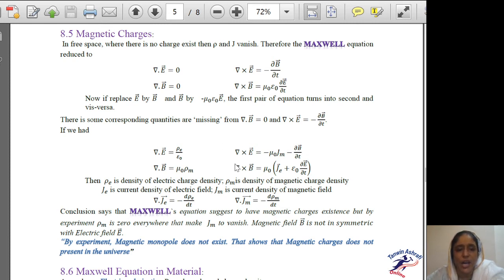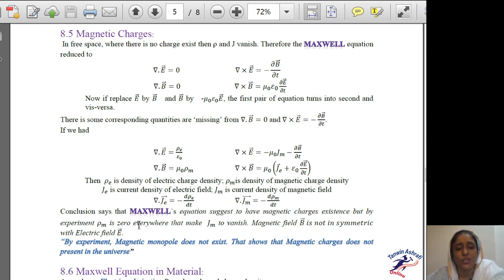That means Maxwell is suggesting a magnetic charge similar to the electric charge. But by experiment, we always know that rho m is equal to 0. Mathematically, he was right, but practically, we don't have any magnetic charge.